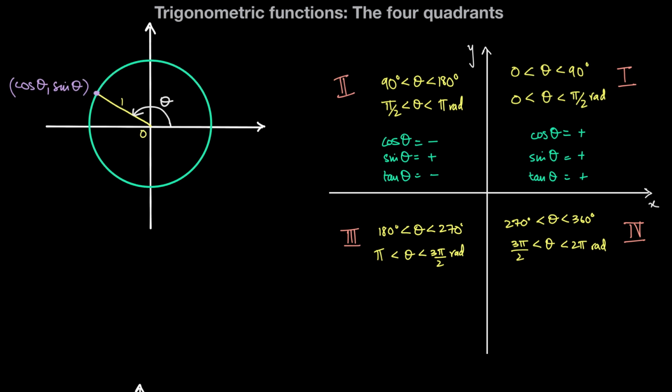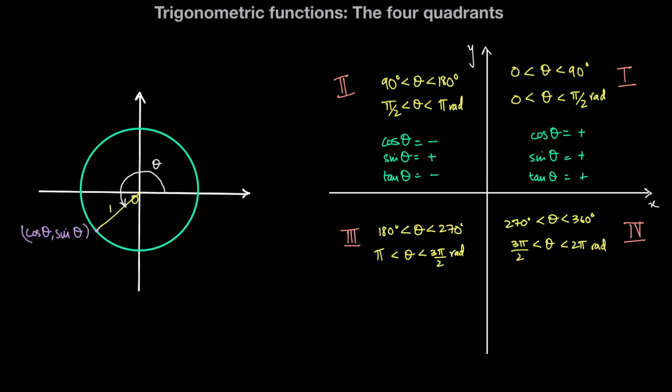Next, if theta was in the third quadrant, in other words, an angle theta that's between 180 and 270 degrees, or between pi radians and 3 pi over 2 radians, we can see that the x-coordinate of the point on the unit circle is negative, and the y-coordinate, which is sine of theta, is also negative.